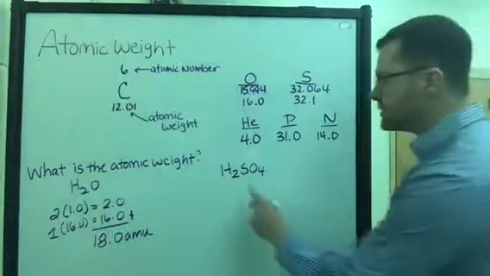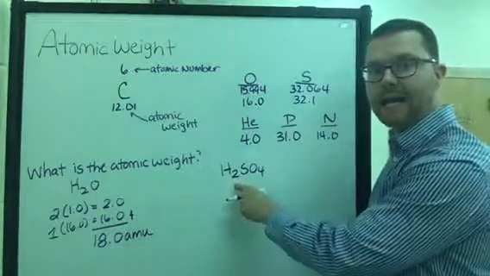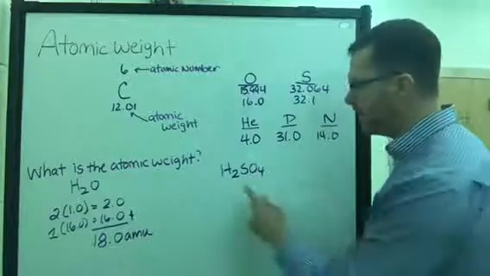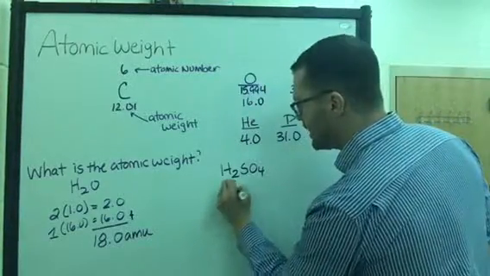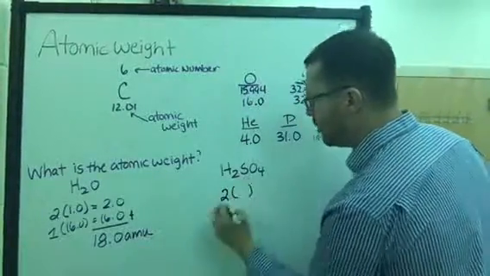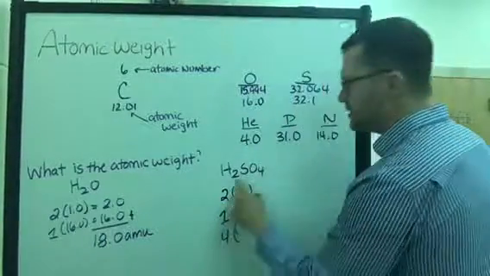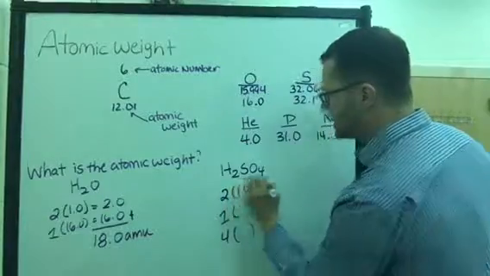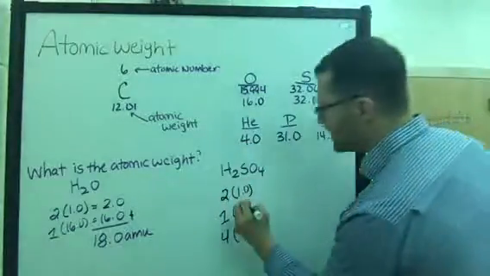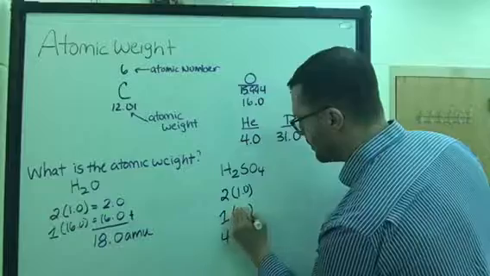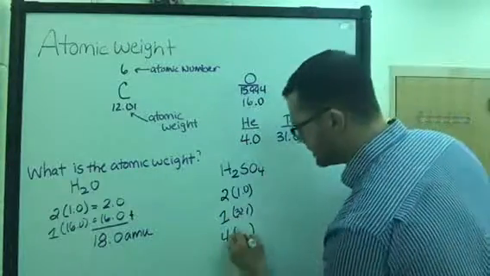All right guys, so the first thing you need to do is figure out how many atoms you have. You should have paused the video, by the way. So we have 2 hydrogens, we have 1 sulfur, and we have 4 oxygens. So hydrogen's atomic weight is 1.0, sulfur is 32.1, and oxygen is 16.0.